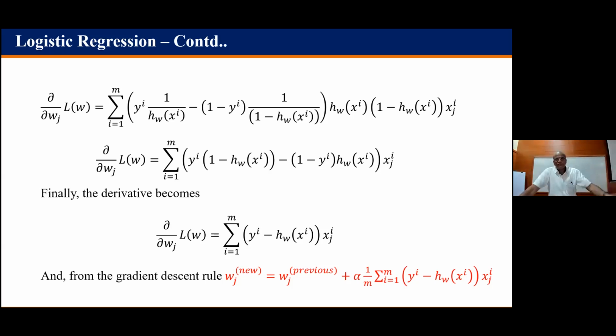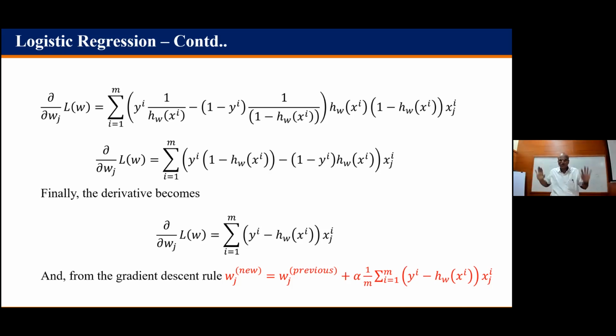That is your LCM or HCF, whatever it is, I forgot: hW into (1 minus hW of xi). Now we have got this complicated expression. Now finally, the derivative becomes, again you simplify within the bracket: yi minus yi hW minus hW plus yi hW. The yi hW terms get cancelled.